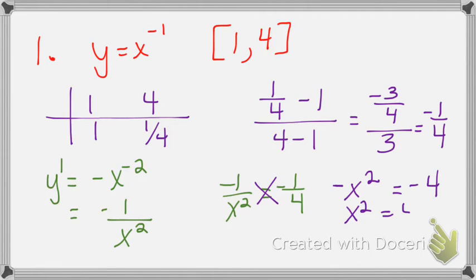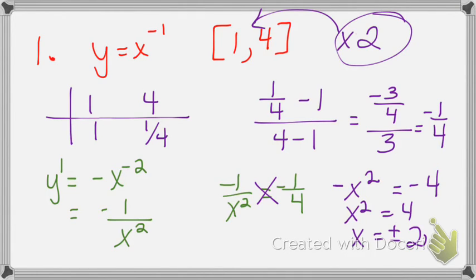Divide by negative, you get x is plus or minus 2. What that tells me is that for x values 2 and -2, the slope of the tangent line would be -1/4. 2 is in the interval, so 2 is my actual answer, because 2 is the place where the slope of the tangent line equals the slope.